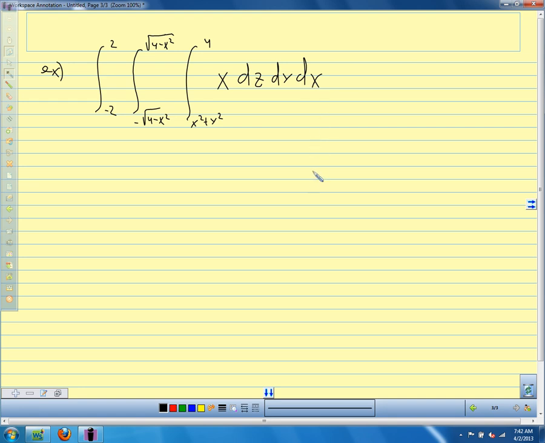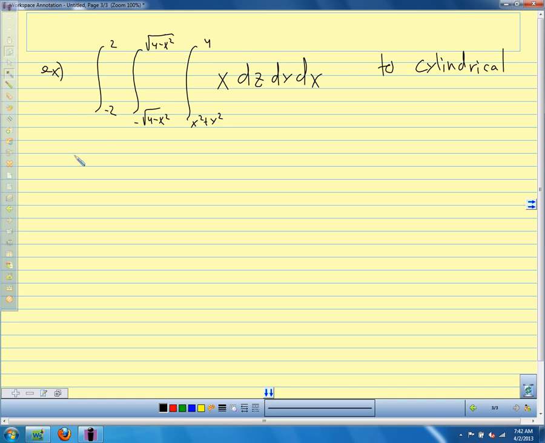So there's our triple integral. We want to convert this to cylindrical coordinates. And again, what I'm going to suggest on these when we're converting our coordinates is look at your limits and use that to sketch our region.